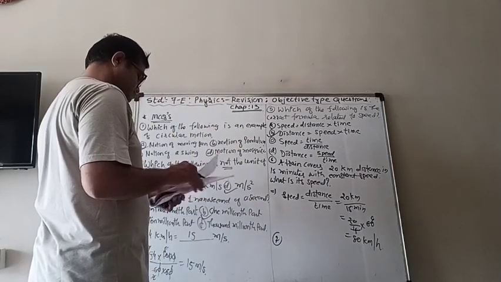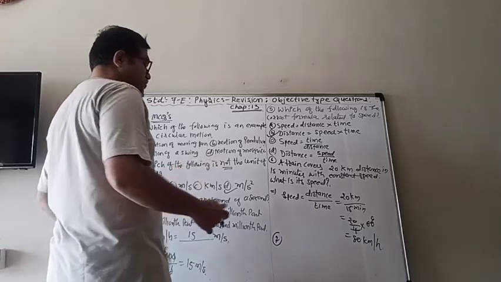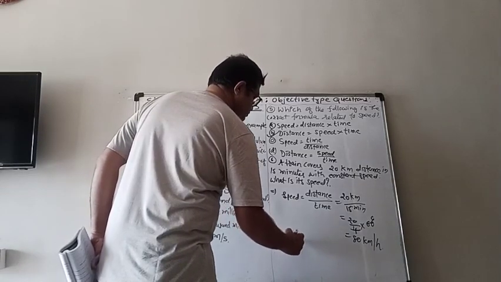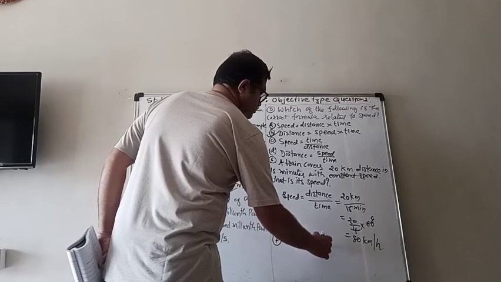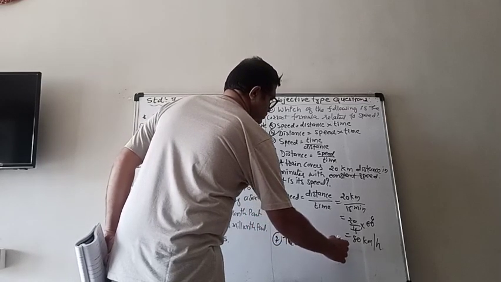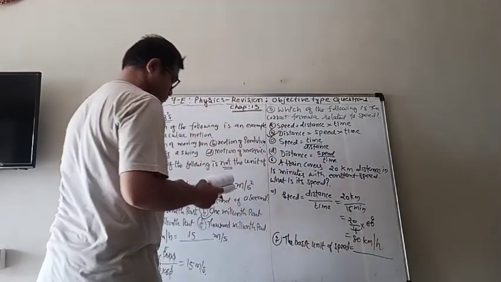Seventh, the basic unit of speed is equal to blank.